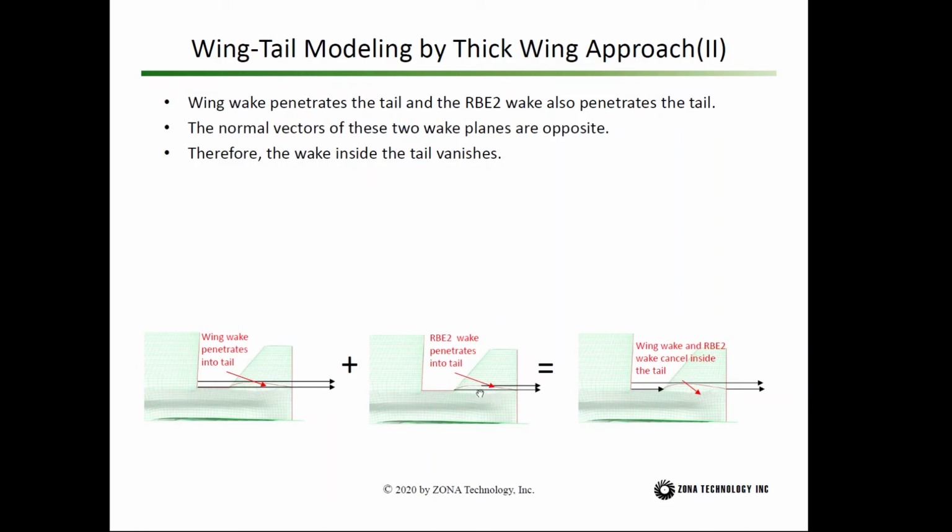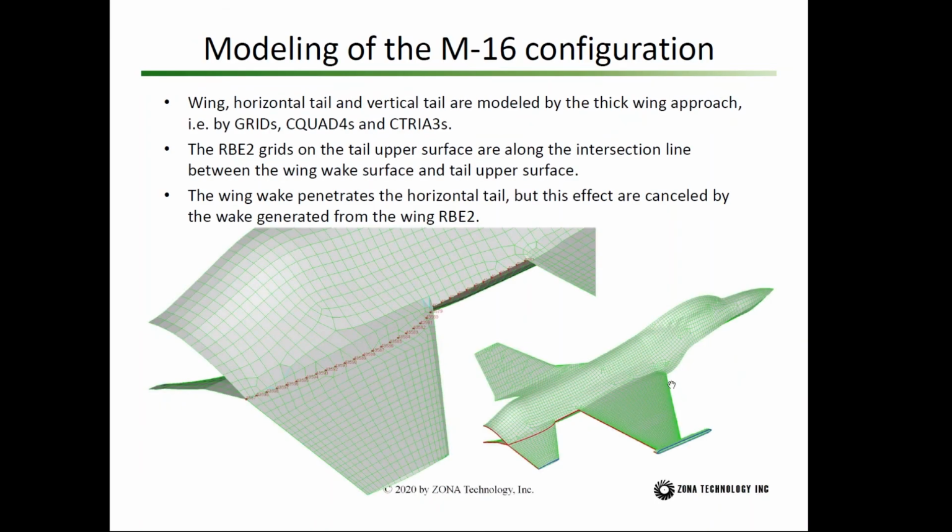So those two wake influences inside the tail cancel out with each other. So the resulting modeling is like this. You have the wing wake hit this line, and then inside the tail you have no wake. And then after that, you have an RBE2 C-bar along those RBE2 grids, and you will generate the wake surface. In so doing, you don't have this wake penetration problem.